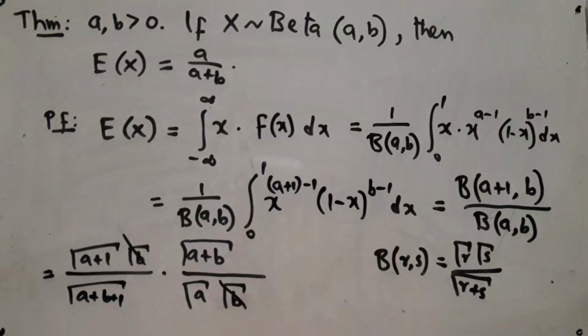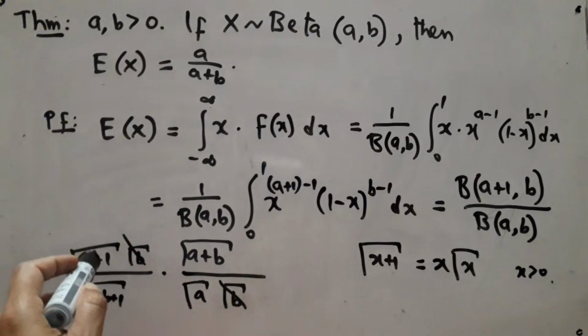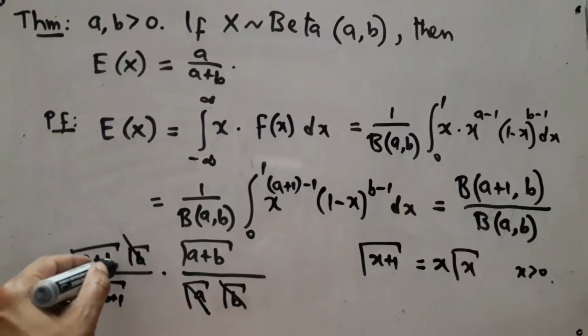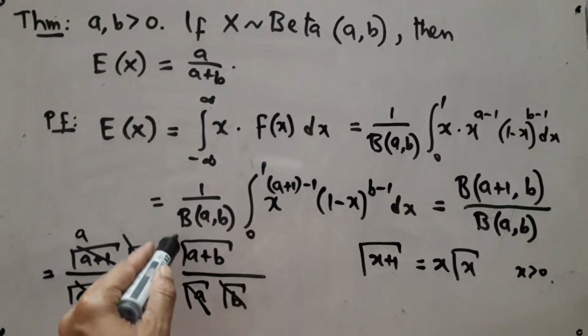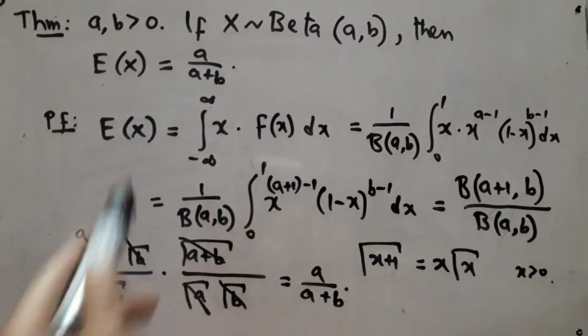Now I shall use the property of the gamma function, gamma of x plus 1 is x times gamma of x, and this holds for any positive x. So if I apply it here, I can see that this is a times gamma a, so there is another cancellation over here, and this gives me a, and similarly another cancellation over here, and this gives me a plus b. So together I get the result a divided by a plus b. That is exactly what I had to prove.